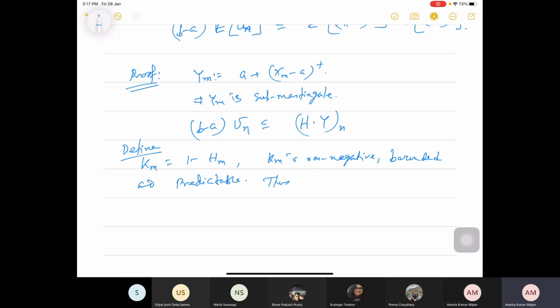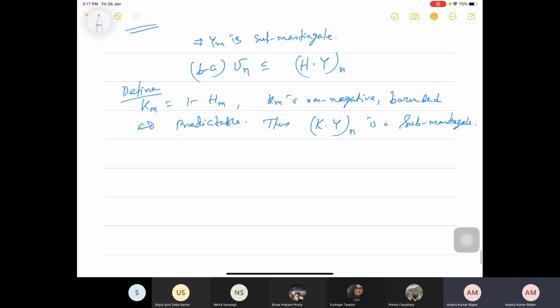Thus, since Y_m is a submartingale, I can think of K·Y_n as a submartingale. Previously we have already proved it.